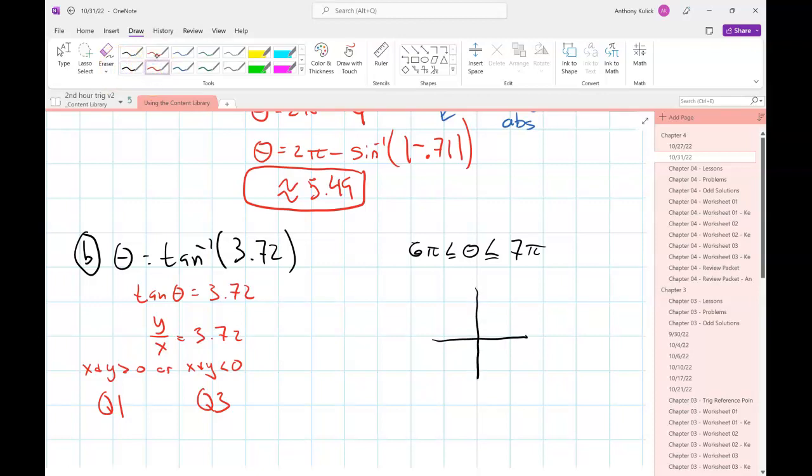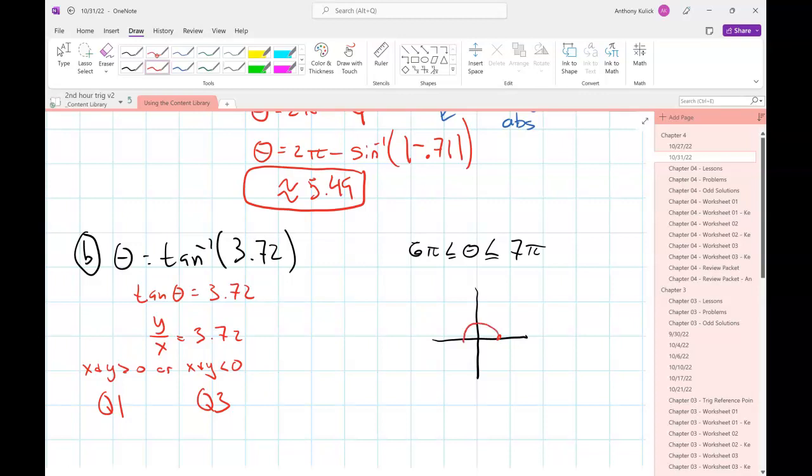Okay. Now again, I'm going to figure out what quadrants are covered by the angles from 6 pi to 7 pi. So we'll start on the positive x-axis. We're going to rotate counterclockwise because the two angles 6 pi and 7 pi are both positive.